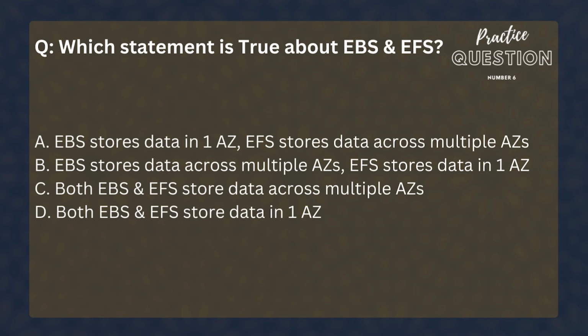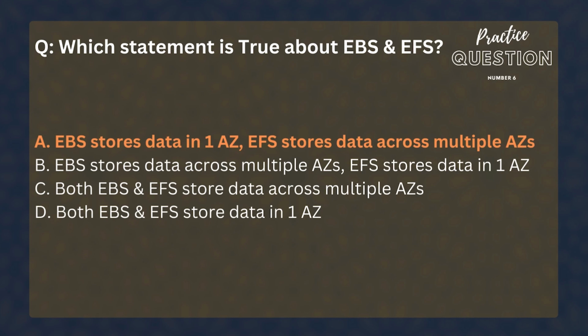Both EBS and EFS store data in one AZ. If you can recall from the previous lessons and videos, EBS is tied to one AZ. It replicates the data multiple times but in the same AZ, while EFS by default will replicate my data across multiple AZs.